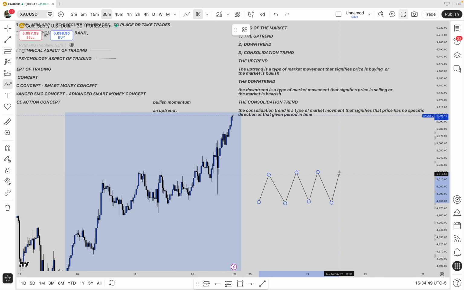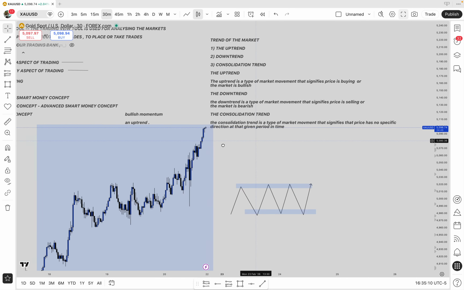You can see that there is no major direction because price is bouncing off a major point in time to the same point in time again. So you can see that price has been bouncing from here to here. This is an example of a consolidation trend.